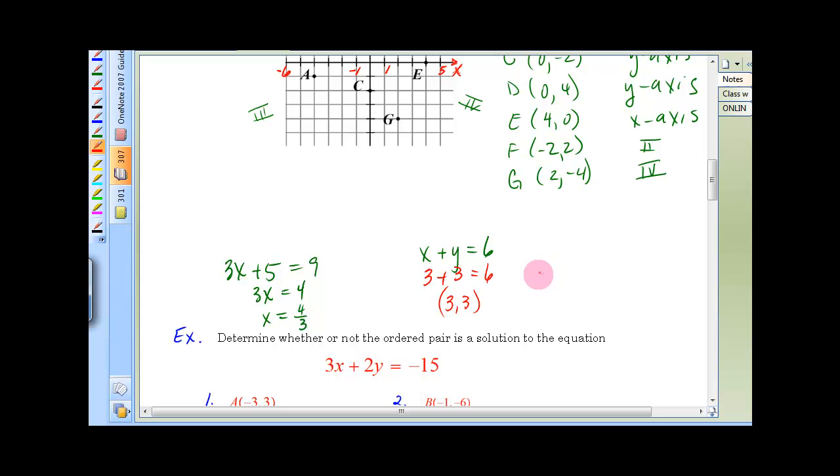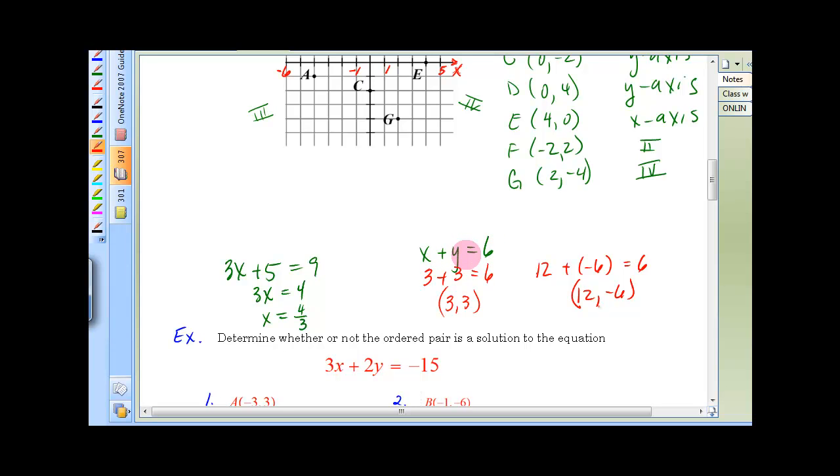Let's say I wanted to try the numbers 12 plus negative 6. Now, does 12 plus negative 6 equal 6? Yes, it does. So therefore, the ordered pair 12, negative 6, when I plug it in for x and y, causes the left to be equal to the right.